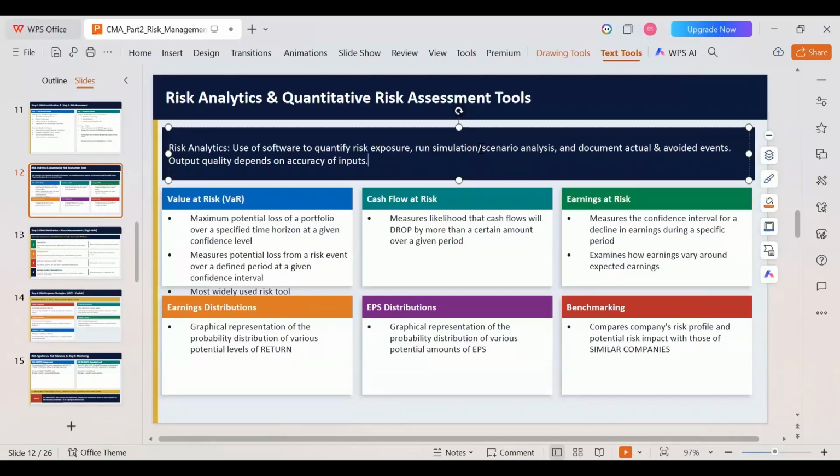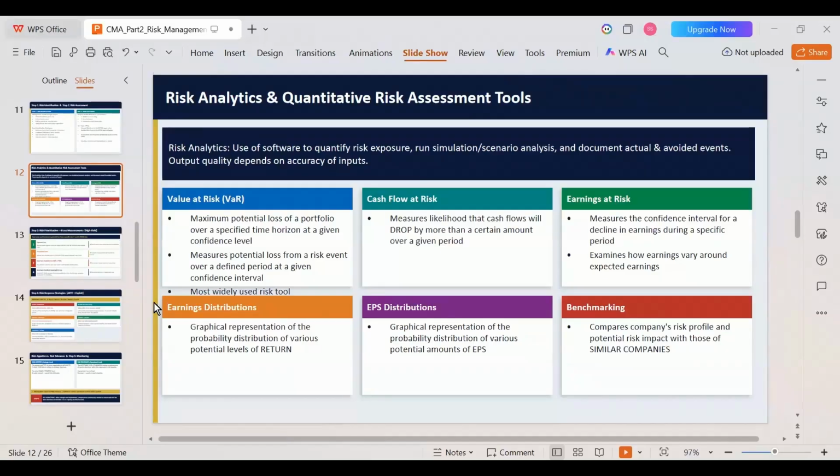We definitely need the help of software. So simulation and scenario analysis will help us find out what could be the possible losses. And this use of software to identify risks, we call it as risk analytics, a concept that is similar to business analytics. Now, what are the quantitative factors that we are going to address?